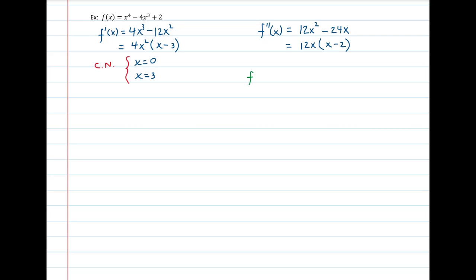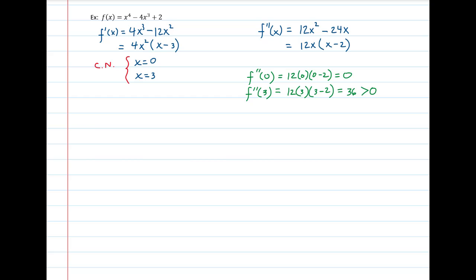Now we're going to evaluate our critical numbers in our second derivative, and we'll start with 0. So f double prime of 0 would be equal to 12 times 0 minus 2, so all that is equal to 0. In the same way, for x equal to 3, we get 12 times 3 minus 2, and that's equal to 36.